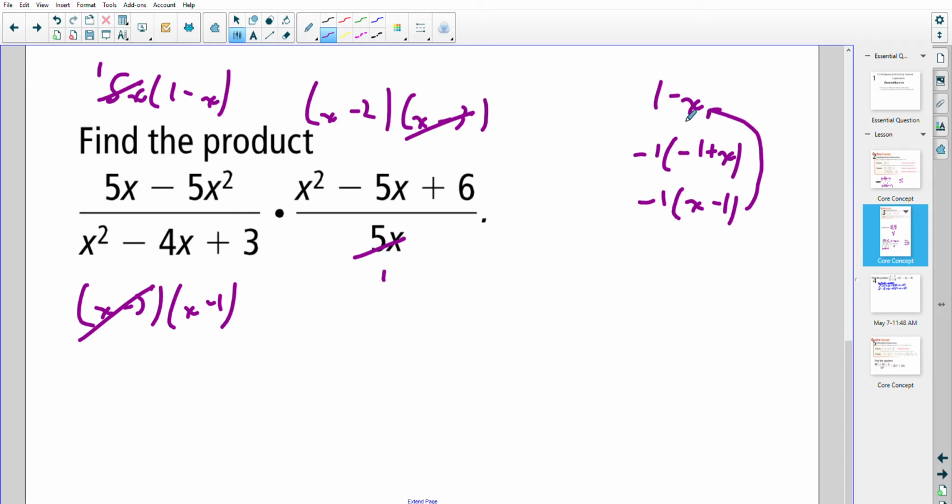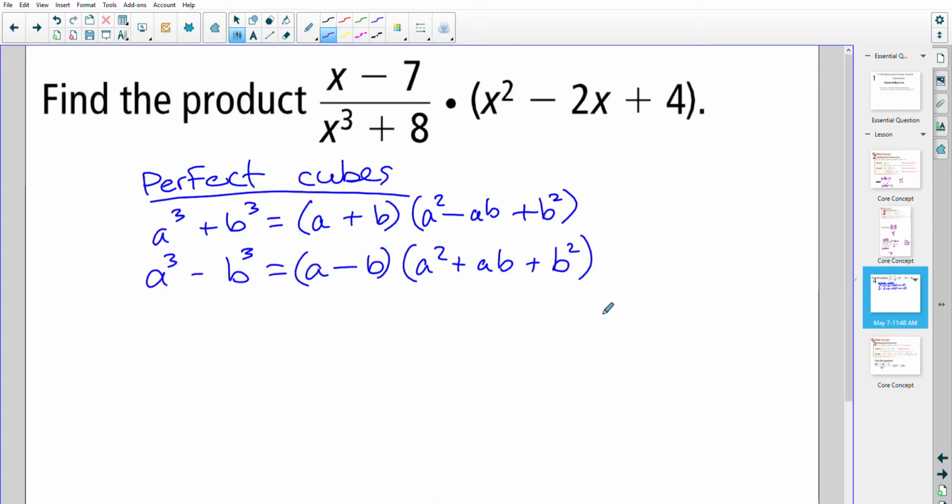Now the reason why I did this is because I can actually cancel these. If I rewrite this as a negative x minus 1, that's the same thing. Now these will cancel, and I'm left with that negative on the top. So everything on the bottom canceled, and it's left with a negative x plus 2 as you distribute that negative through.